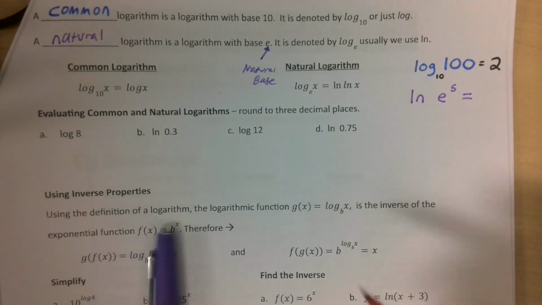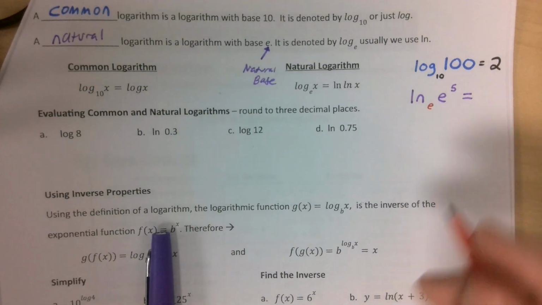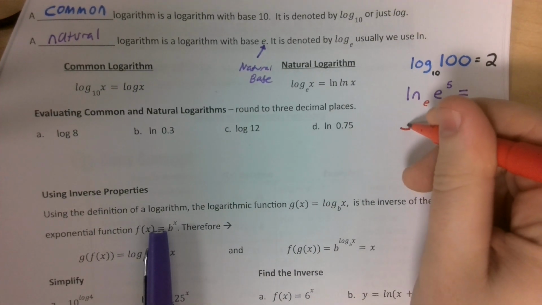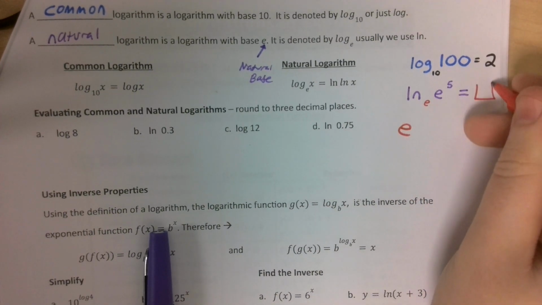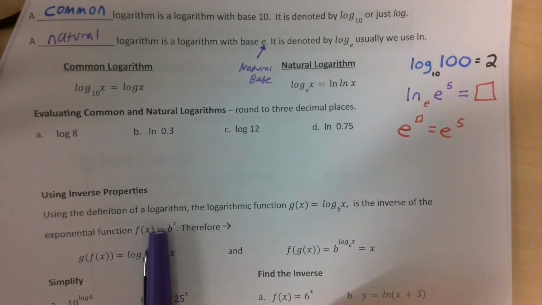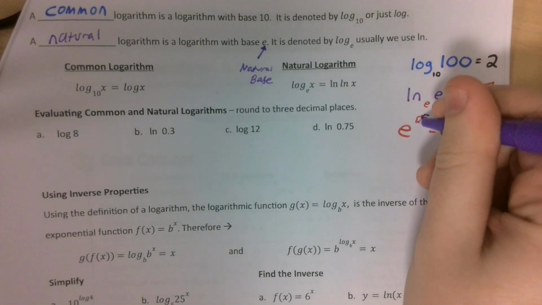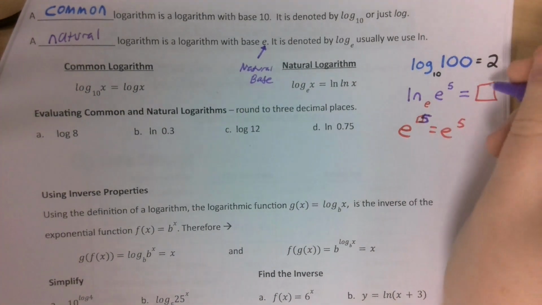Hang on a second. Let's write this out. Again, natural logs have a base of e. This is just asking us e to the big blank power equals e to the 5th. Y'all, it's just 5. E to the 5th equals e to the 5th. So the answer is just 5.